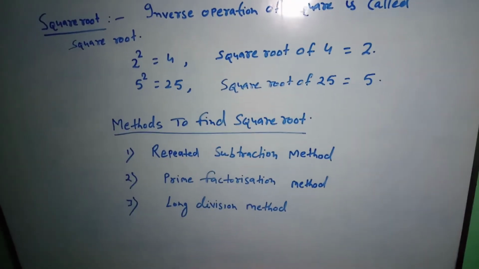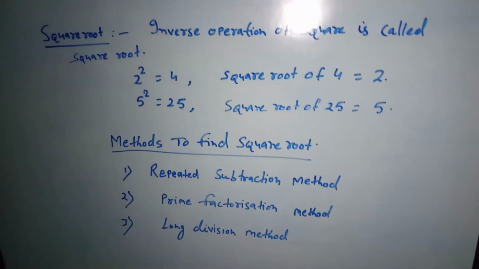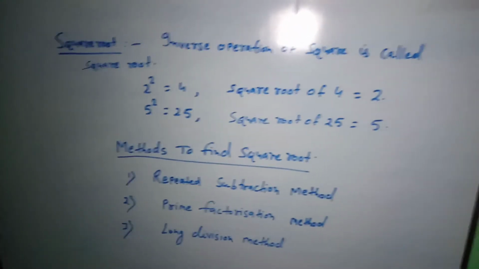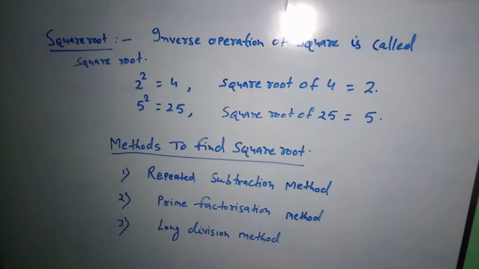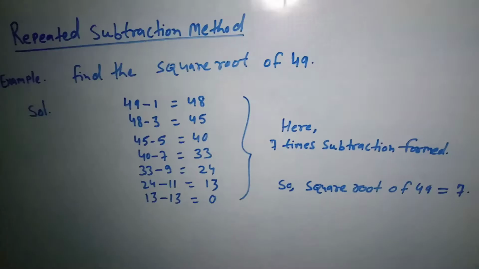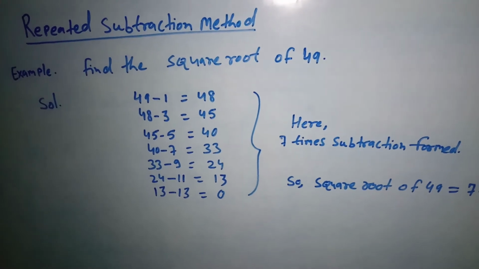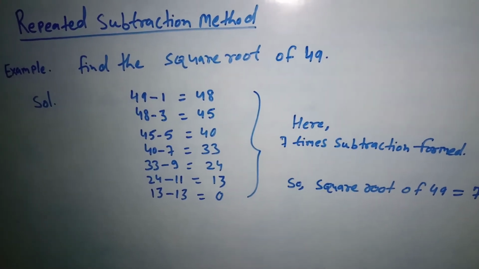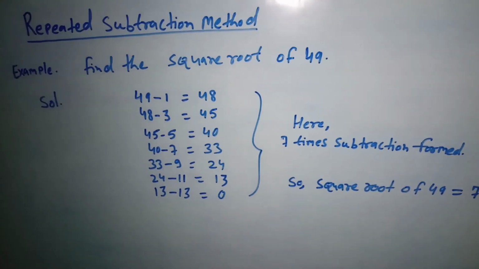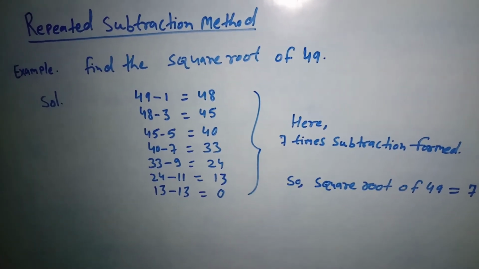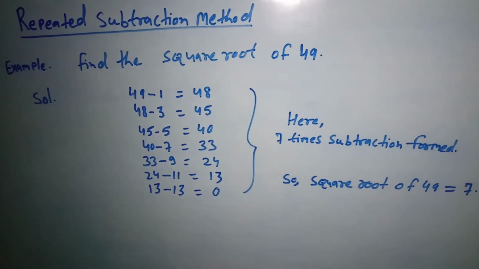Understood? So we will discuss them one by one. First we discuss the repeated subtraction method. This method is used for finding the square root of a small natural number.